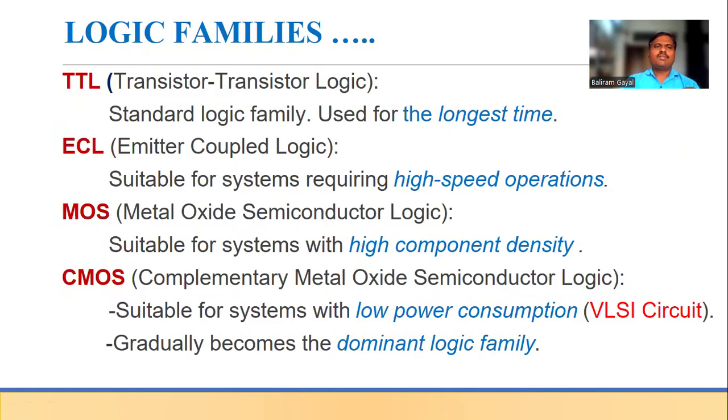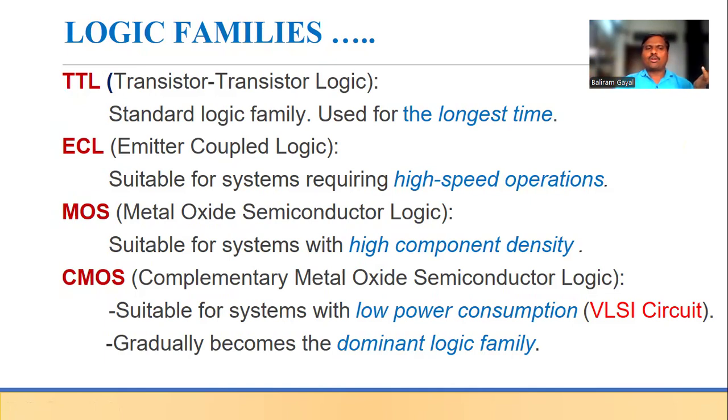Now, the logic families commonly used: TTL, that is transistor transistor logic, is a standard logic family used for the longest time. Then ECL, that is emitter coupled logic, is suitable for systems requiring high speed operation.